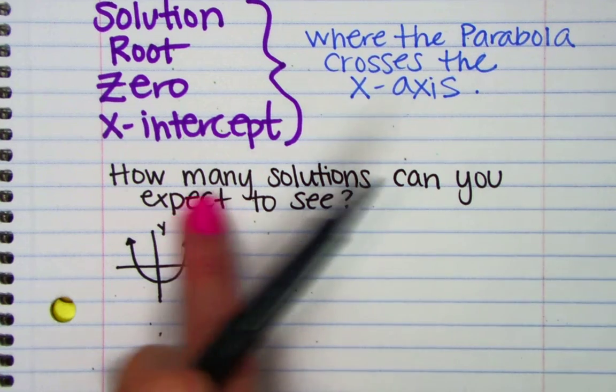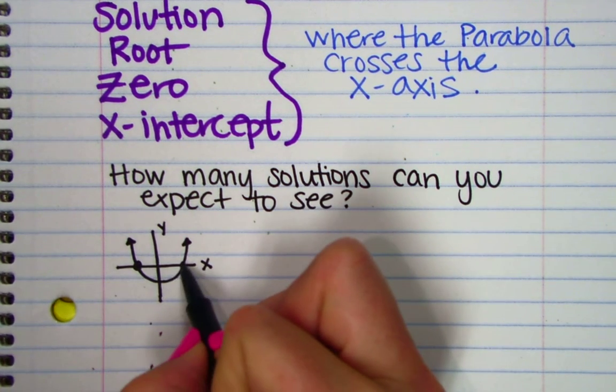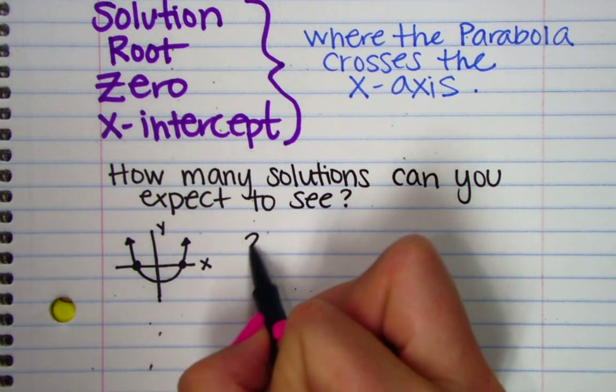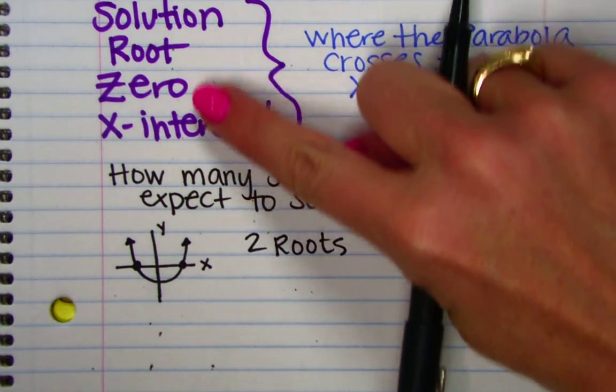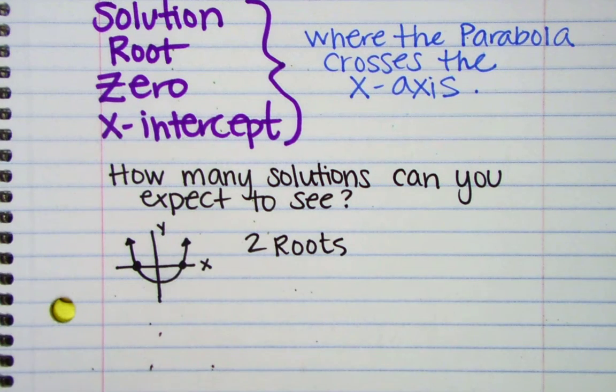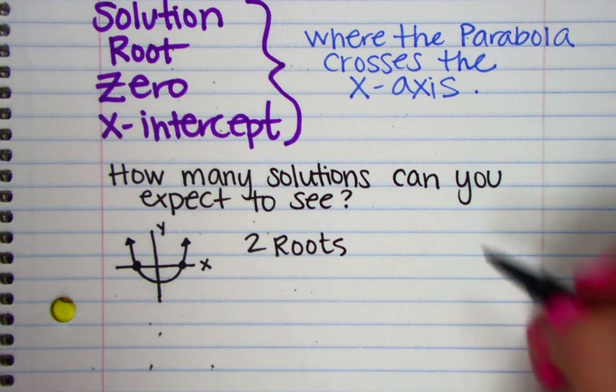On this question it says how many. How many times does it cross the x-axis? It crosses right here and right there. So I'm going to say 2 roots, okay, because I'm going to call it one of these things in each of my answers. Right, so it all means the same, but I'm going to use each different word so that we know that you could use any of those words. Okay, that one has 2 roots, 2 solutions.